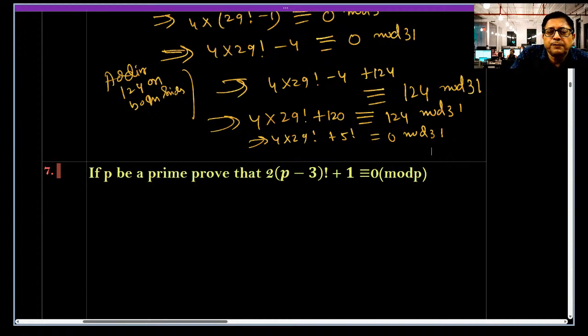P be a prime number, you prove it like the previous sums only. What we did? This time you must try to do it. Try. 2 into p minus 3 factorial plus 1 congruent with 0 mod p.